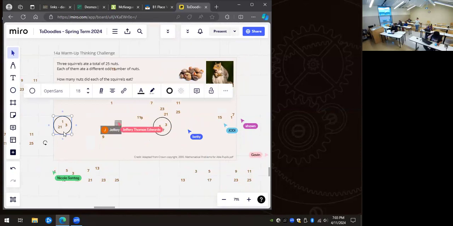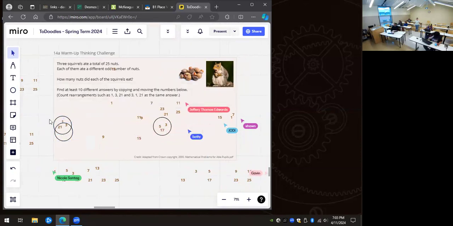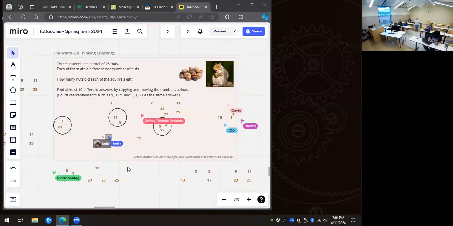Okay, 15 and 11 is, you were very close. If we have 11 and 9, what else do we need as our third number? You had said it out loud at one point. Yeah, so put the 1 in that circle also. That's 13. Okay, 15 and 7 and 1.